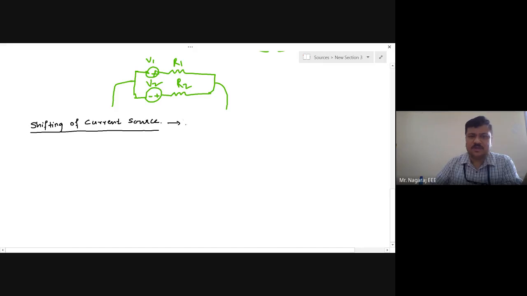Current sources are shifted across the branches.